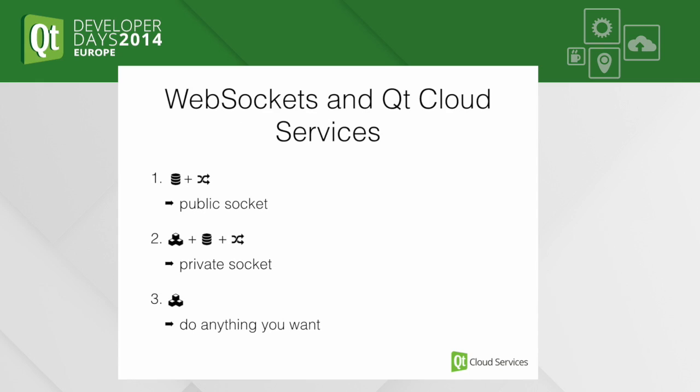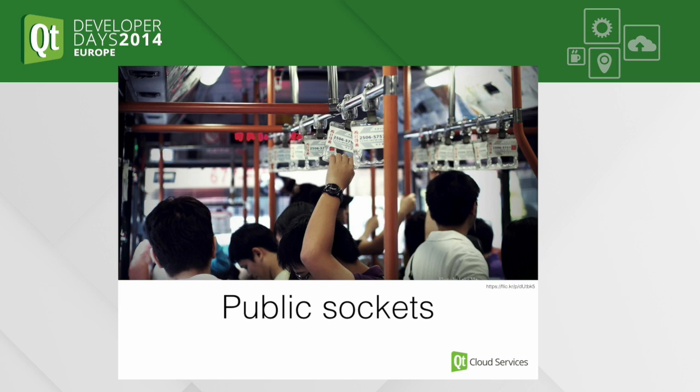So, how can you use WebSockets with Qt Cloud Services? You can use it on multiple levels. The simplest case is to use public sockets, so all the messages are delivered to all clients.